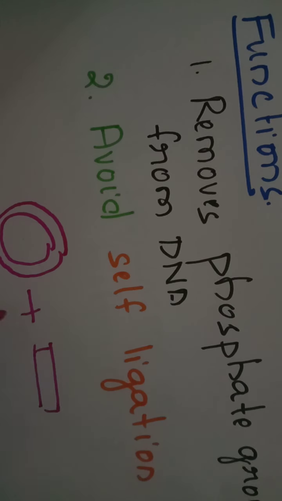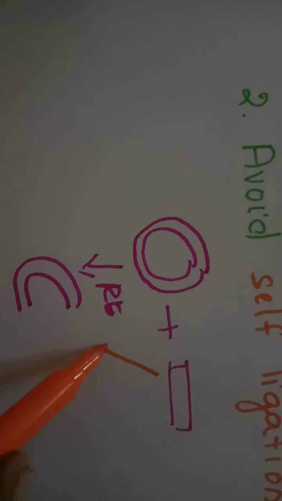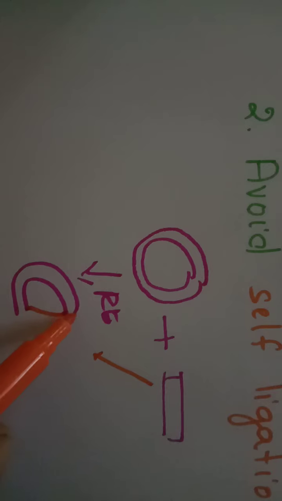The vector is cut using a restriction endonuclease, leaving a gap, and the fragment is inserted using the ligase enzyme.